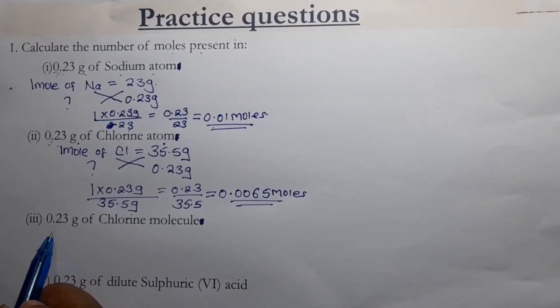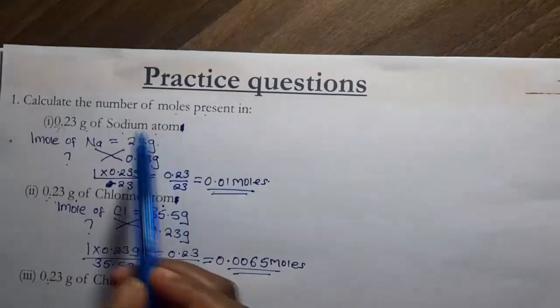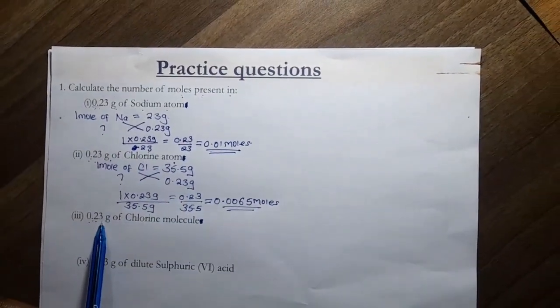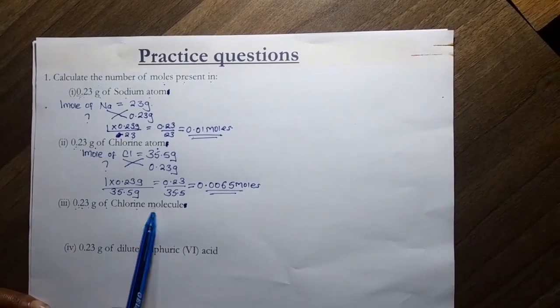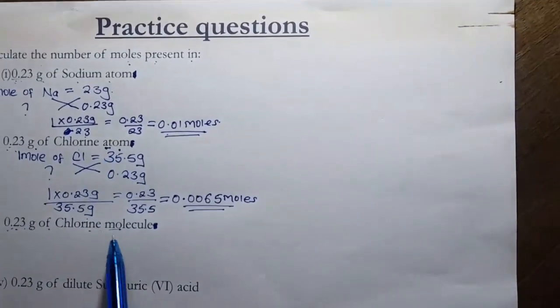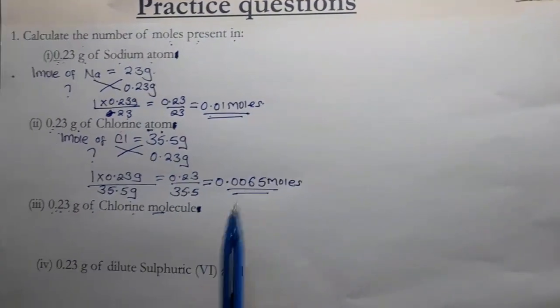Now here we are calculating the number of moles present in 0.23 grams of chlorine molecule. So note now, it's not the atom, we are dealing with the molecule.